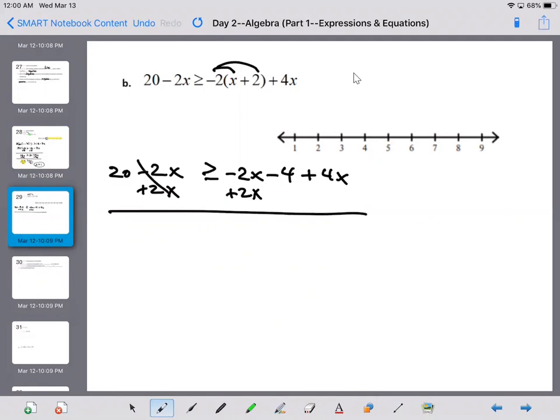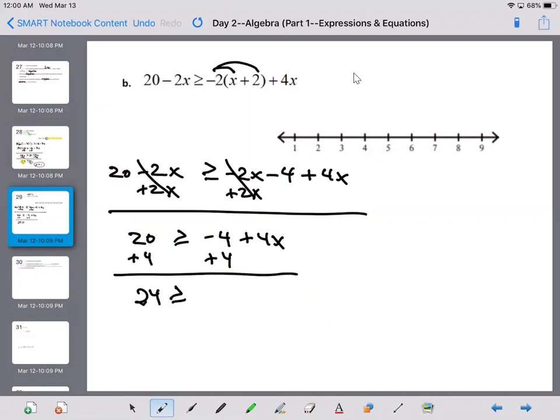And so I'm going to get 20 is greater than or equal to, this goes to 0, and I get negative 4 plus 4x. So I decided to put my variables on the right and my constants on the left, so I'm going to add 4. So this will be 24 is greater than or equal to 4x.